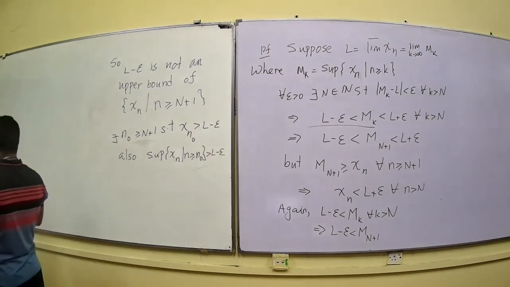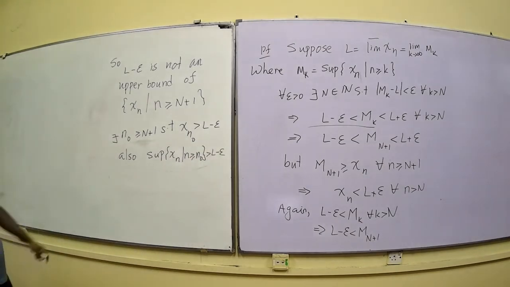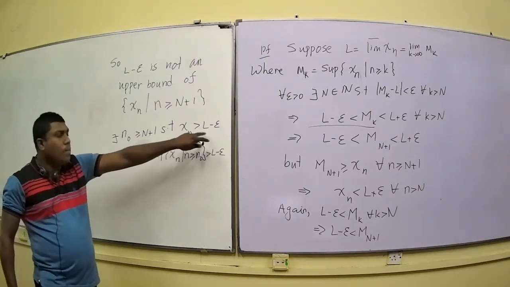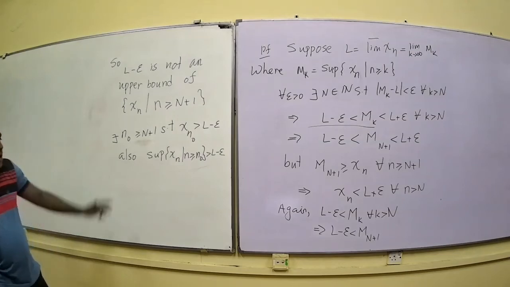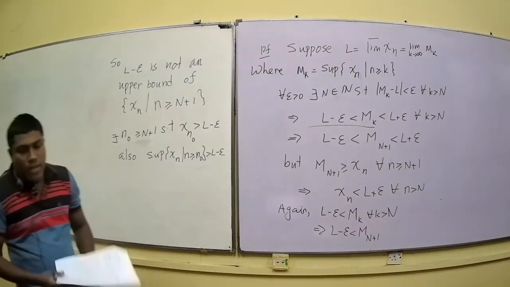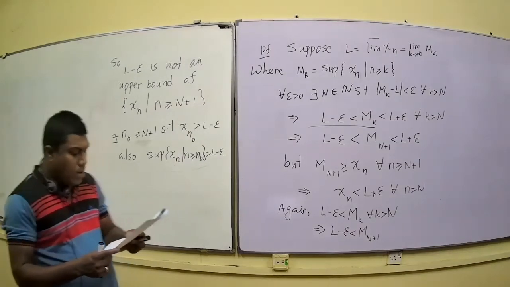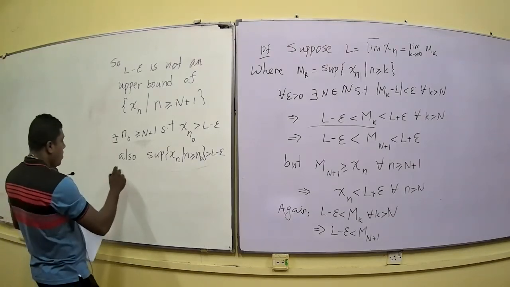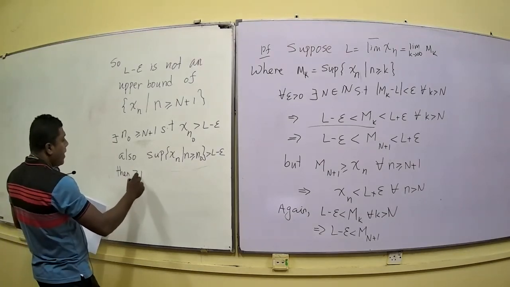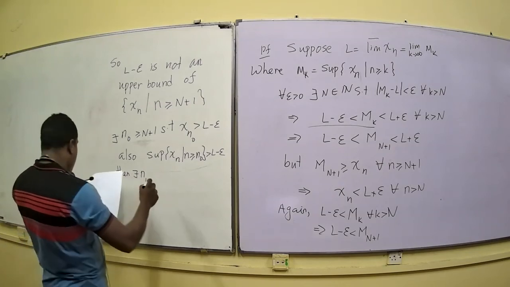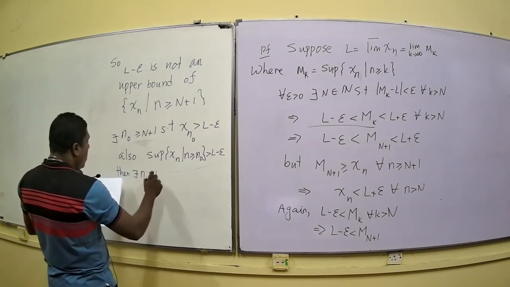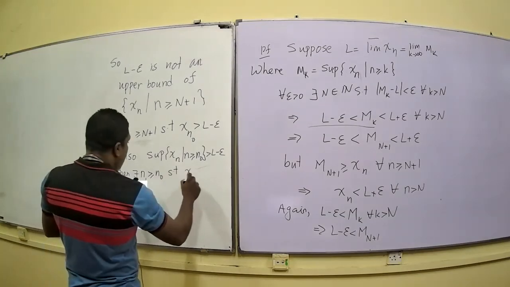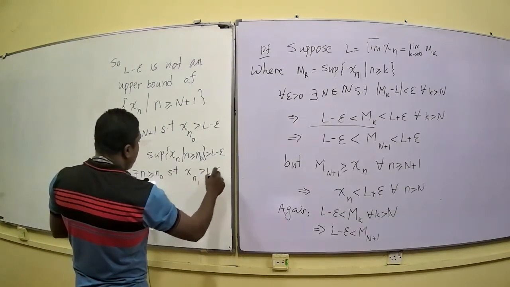By definition of not being an upper bound, you can find at least one element bigger than that term. And also you obviously know the supremum of that set is bigger or equal to this. So then there exists another element n1, bigger or equal to n naught, such that x_{n1} is bigger than L minus epsilon.